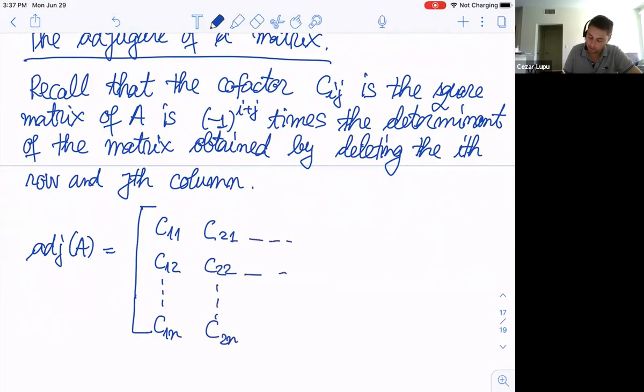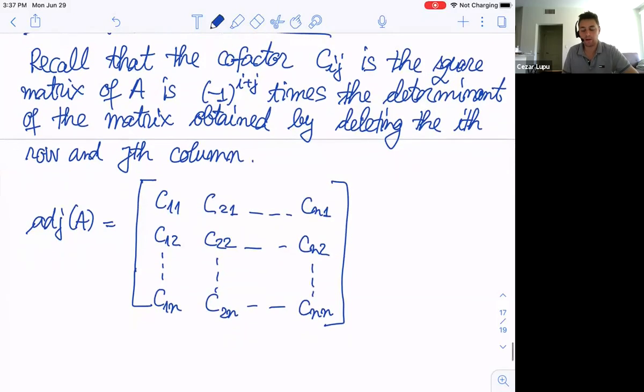And I keep going until Cn1, Cn2, all the way to Cnn. So this is the adjugate of the matrix.